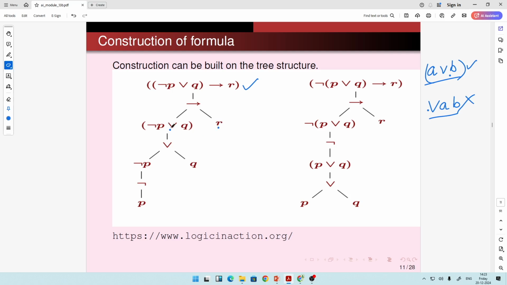Based on this symbol, it again divides into not P and Q here, and this again splits into the negation operator and P. This is how we construct the tree structure, and we do this to identify whether it is a well formed formula or not. This is called a WFF, or well formed formula.